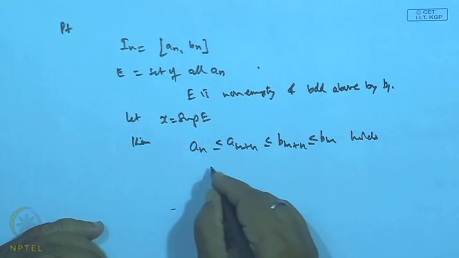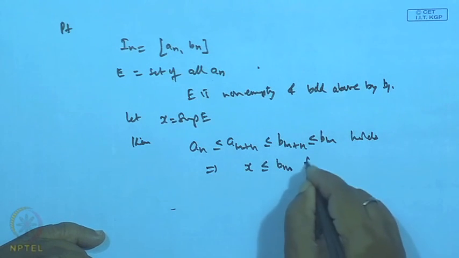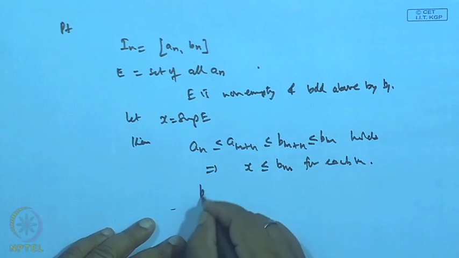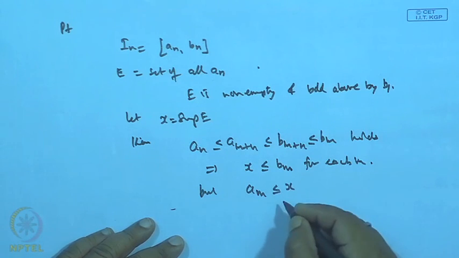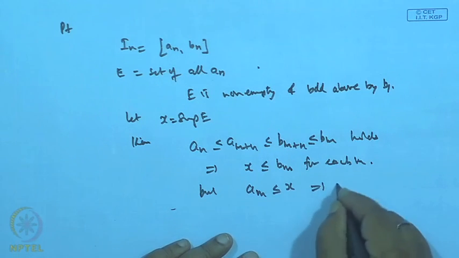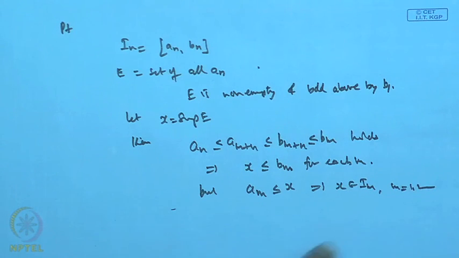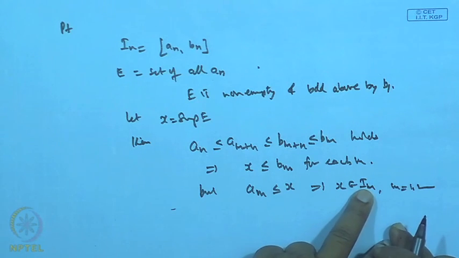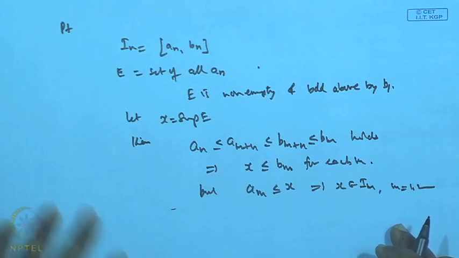Therefore, when you take the supremum, we get X is less than or equal to Bm for each m. But An is already less than or equal to X. So what does this show? This shows that X belongs to Im for every m. So every finite subcollection of the Im has a non-empty intersection, and therefore the arbitrary intersection will also be non-empty. So this proves the result. Thank you very much.